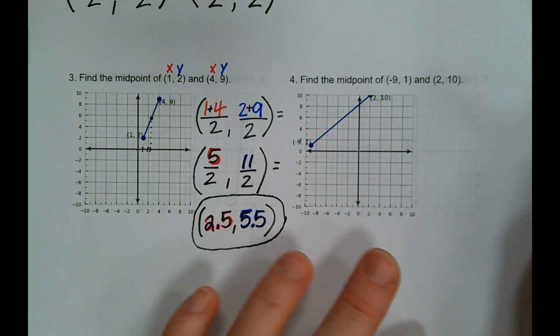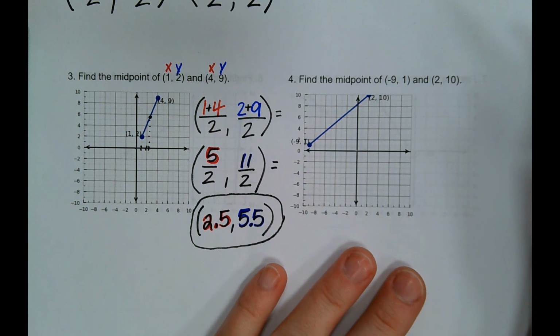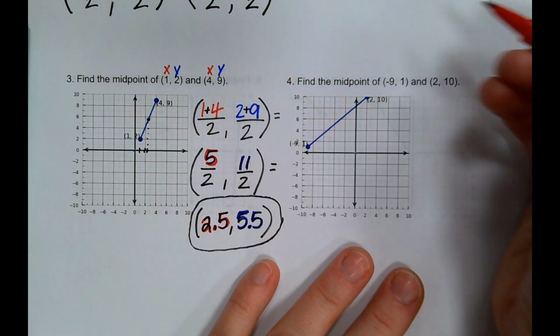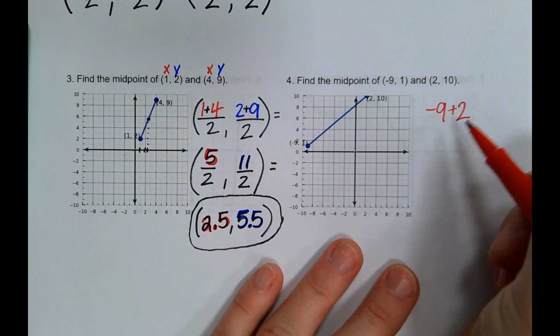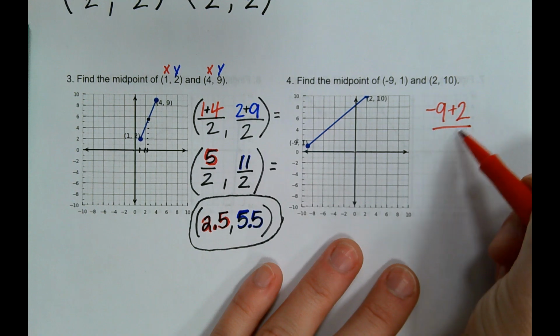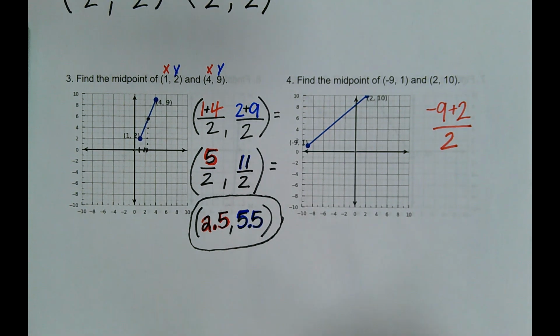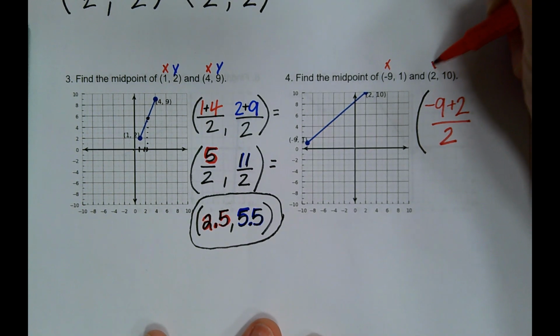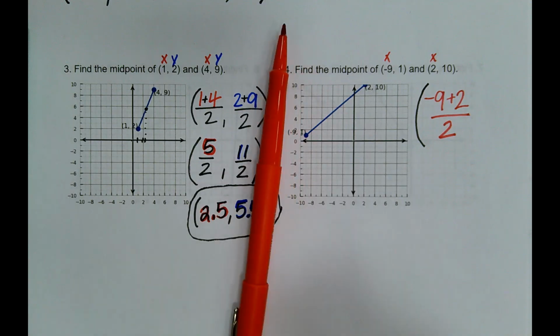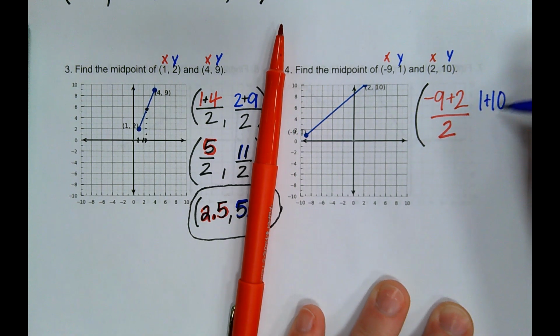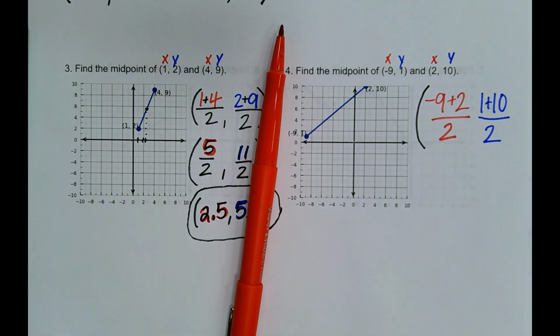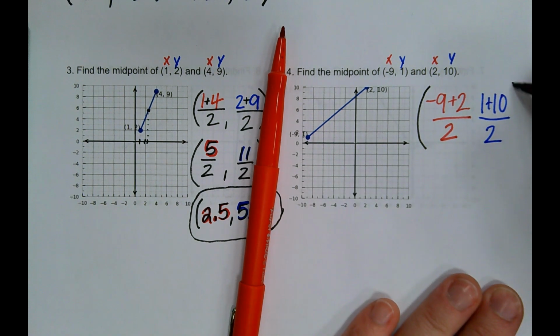How would I solve this? -9 plus 2 over 2. Wonderful. And then 1 plus 10. So my y's, 1 plus 10, also over 2. Excellent.